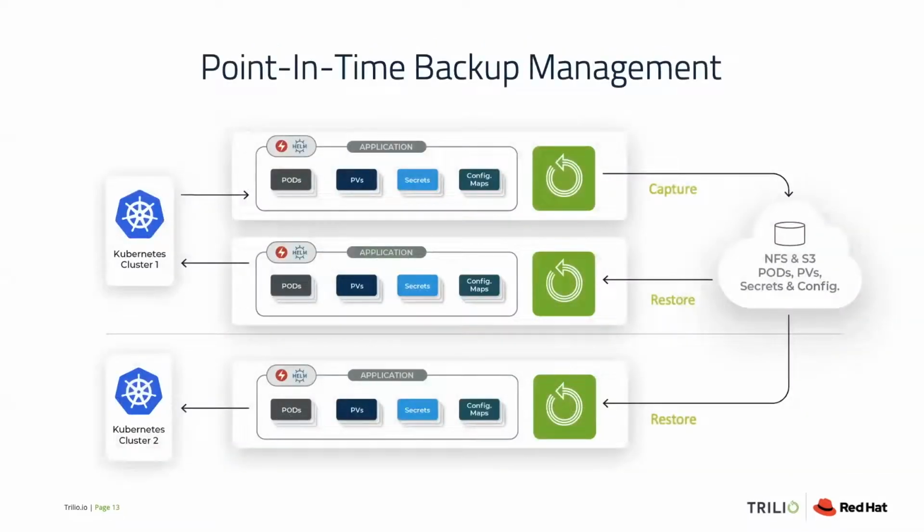So what is it that TrilioVault allows you to do? This diagram, I really like it because it helps explain exactly what the TrilioVault product enables you to achieve by use cases.